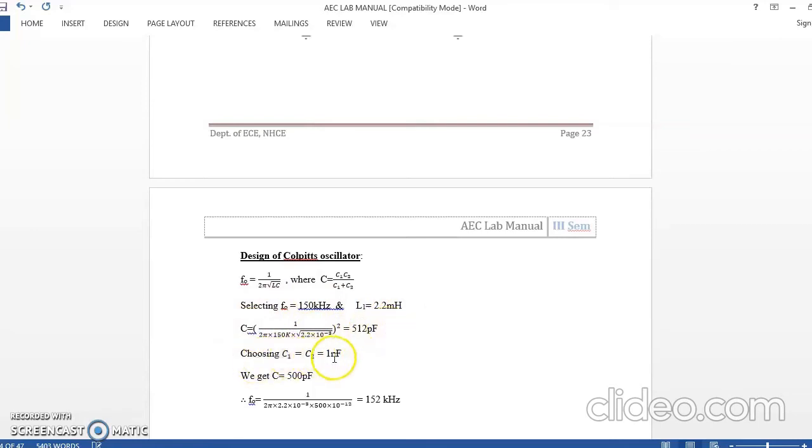Choosing C1 equal to C2 as 1 nanofarad, we get C is equal to 500 picofarads. Therefore, F0 calculated comes close to 152 kilohertz. We can again verify this by observing the oscillations in CRO and calculating its frequency of oscillation. This is how we can design Hartley and Colpitts oscillator.